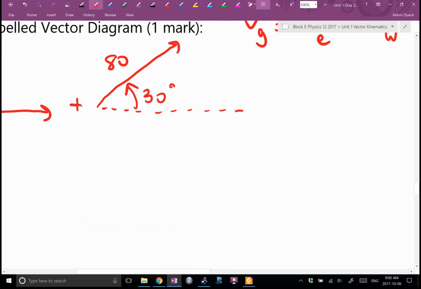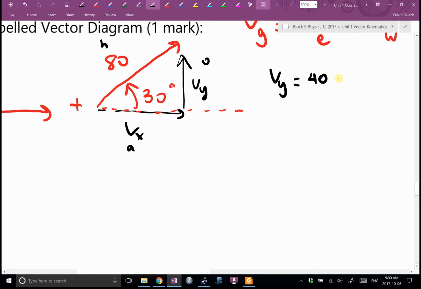I'm going to take that 30 degrees, 80 meters per second, and break it up into Vx and Vy. Hypotenuse, adjacent, opposite. I think Vy ends up being exactly 40 meters per second north.